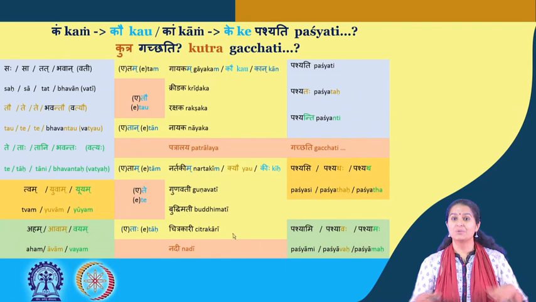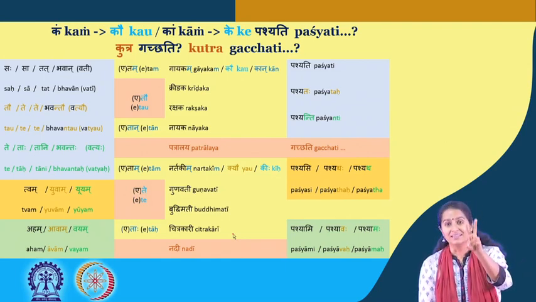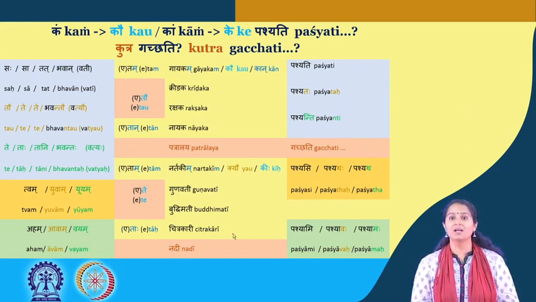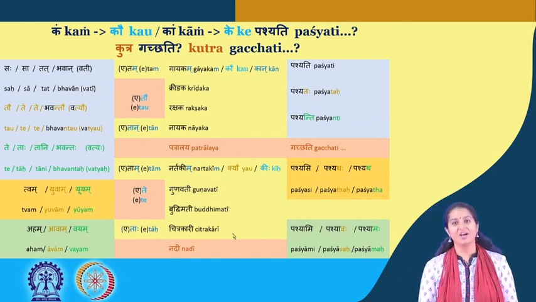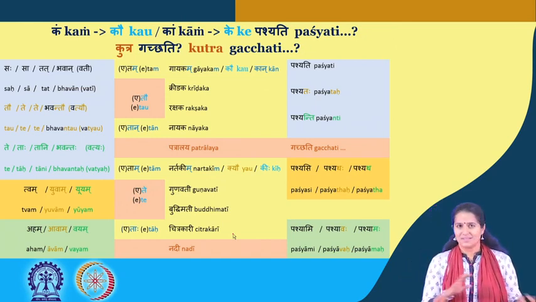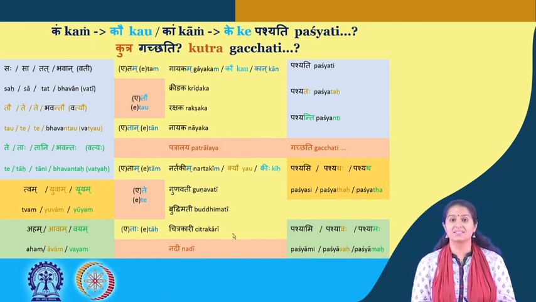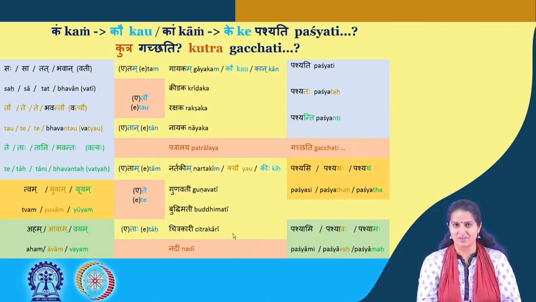Uttamam. Now let's see what happens to the destination. Nadim gachati becomes nadyau gachati, te nadyau gachati. Uttamam. Because we are already familiar with this form, the application has differed here because we have moved on to the second case in this context.